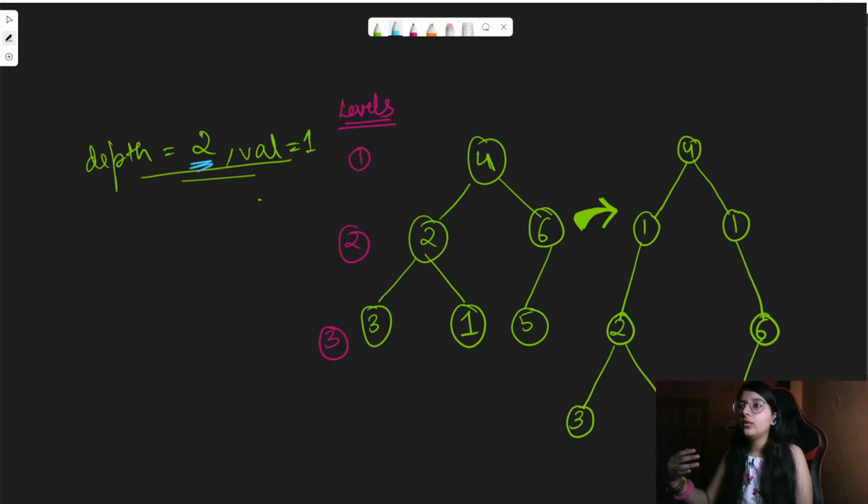Then we will be simply checking when it reaches the depth we are required to reach.